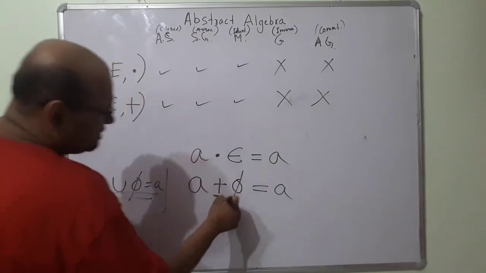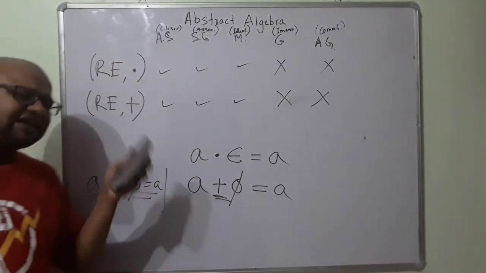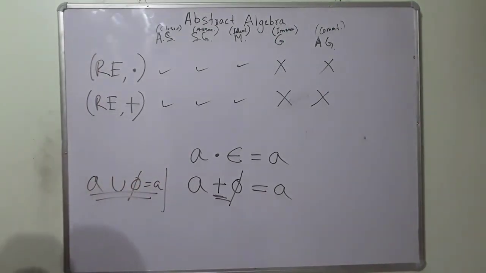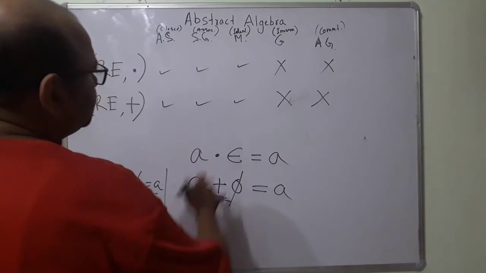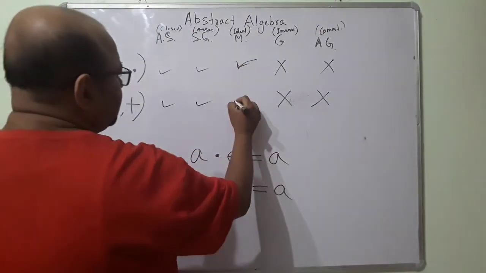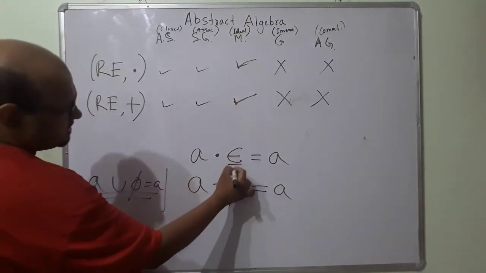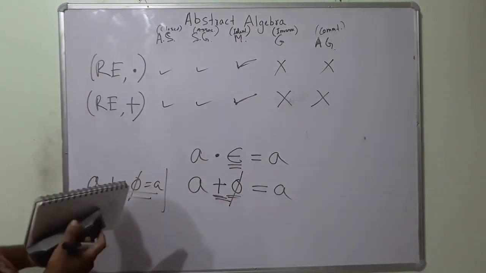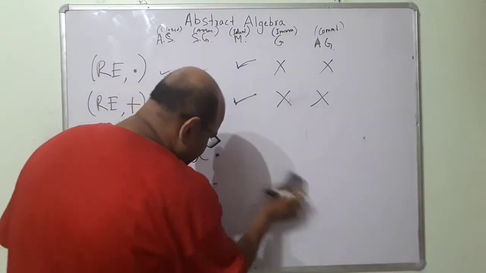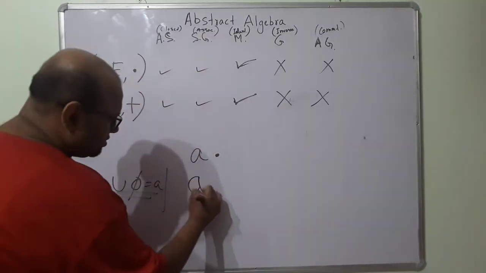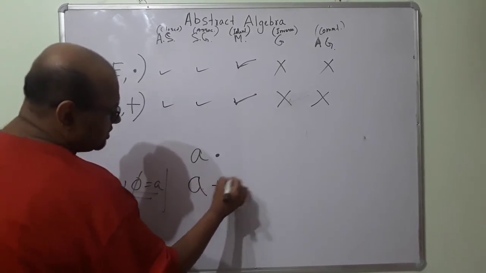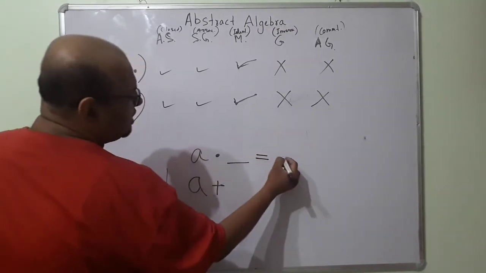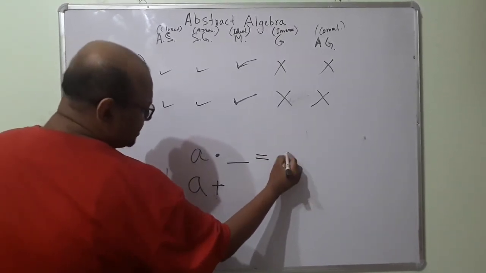So this union is not exactly like the set union, but there is a relation between regular expression union and this. Okay. So because of this, the identity exists for these two. Okay, this is the concatenation identity, this is the union identity. Okay, now there is nothing that I can concatenate with a string to get the empty string.